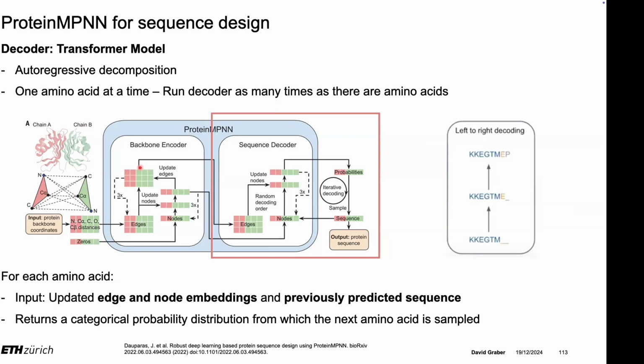So this second part of the model is run as many times as there are amino acids in the sequence. And the input to the model is these updated edge and node embeddings and the previously predicted sequence. And then it returns for this position in the amino acid chain a categorical probability distribution from which the next amino acid is sampled.